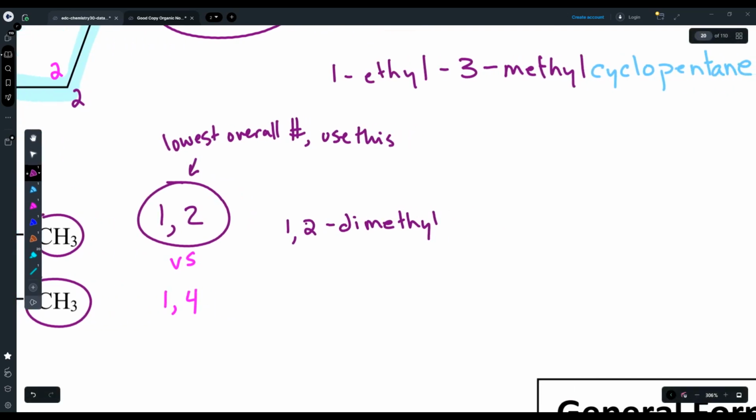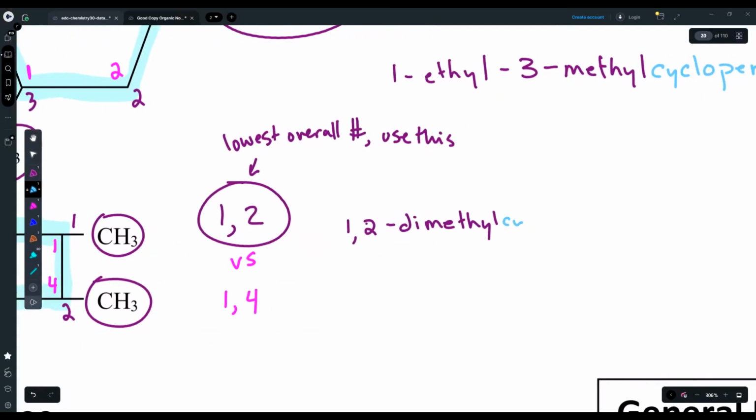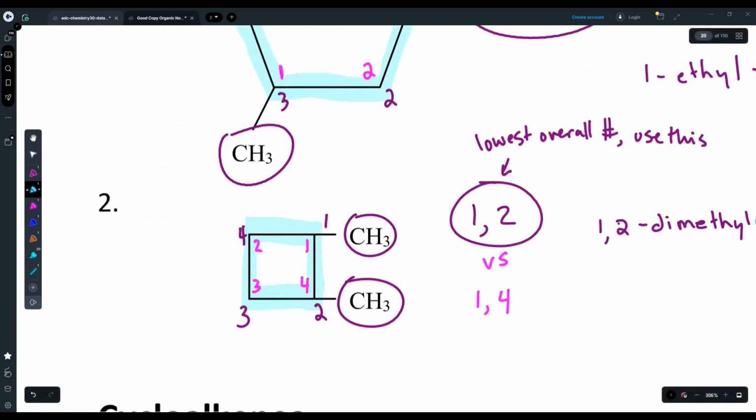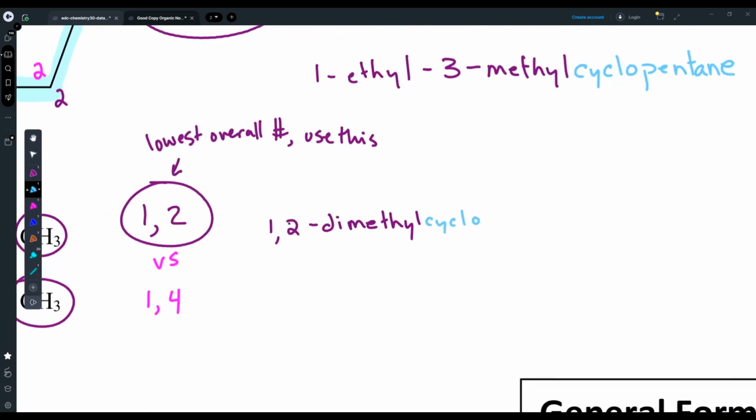Okay, and now that we're done talking about the branches, we need to talk about the parent chain. So because it's a cyclic compound, I gotta go cyclo. Because there's 4 carbons in this ring, the prefix or the stem name, whatever you want to call it, is but. And because there's only single bonds, ANE. So 1,2-dimethylcyclobutane.